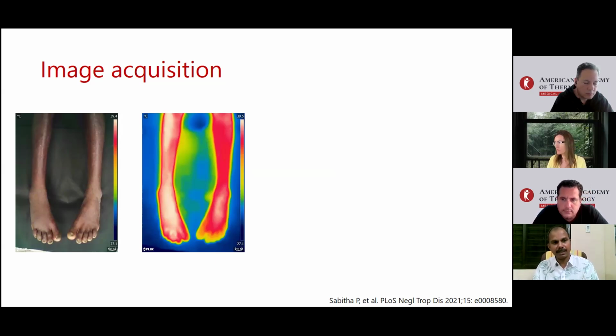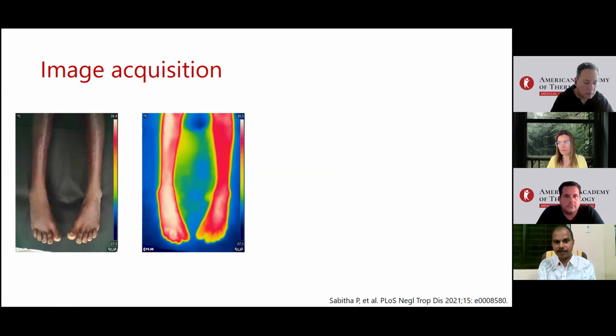So what we did was, we used to keep a simple black cardboard sheet, which is non-reflective, under the legs or under the forearms, whichever part the imaging is going to be done on. The most important thing is that we always include the other side for comparison.